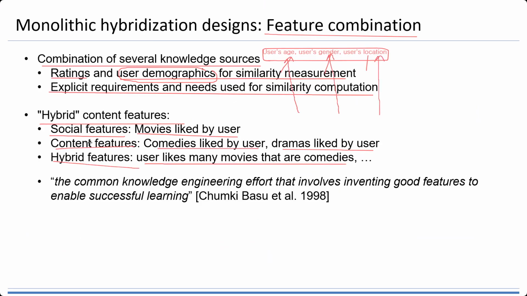Then we can combine with the content, and we can do the recommendation. So the common knowledge engineering effort involves inventing good features to enable successful learning. We call this common feature engineering. We combine those features.